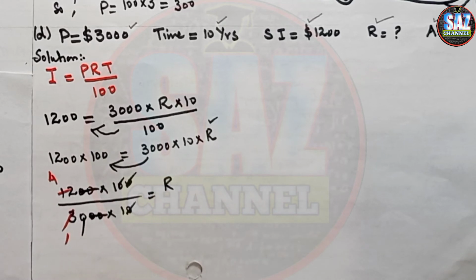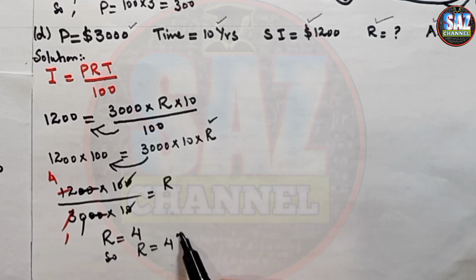I'm focusing on how to make the calculation easy as well, because the questions can come in paper 1 where calculators are not allowed. R equals 4%. So the interest rate of the question is 4%.